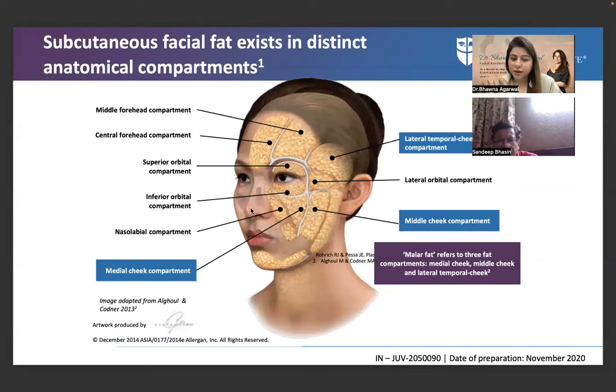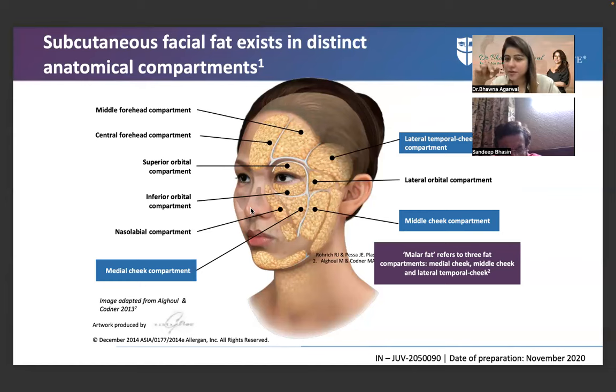For the mid phase, we have the SOOF and the ROOF, and then the cheek compartments: the middle cheek, the lateral temporal cheek and the medial cheek compartments. When we are injecting the mid phase, mostly we are replacing the superficial fat pads and not the deep fat pads.